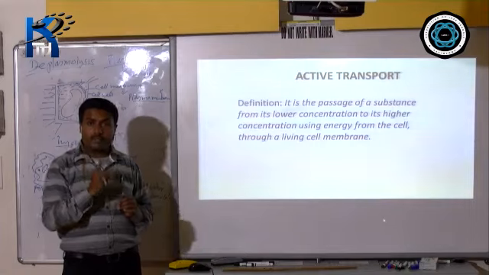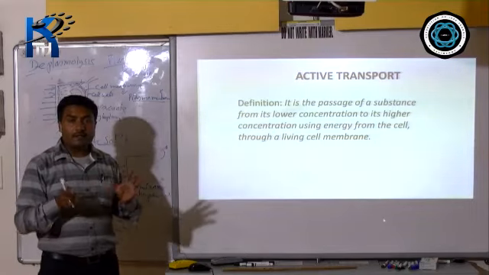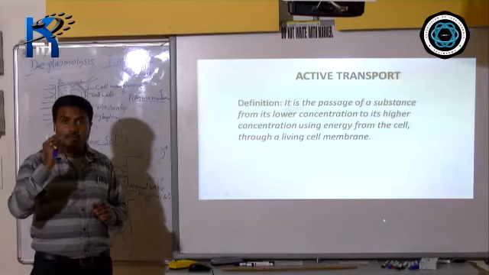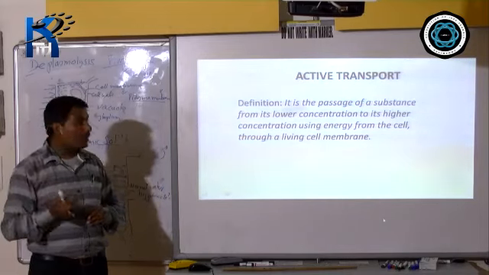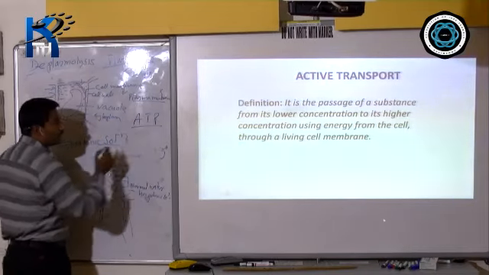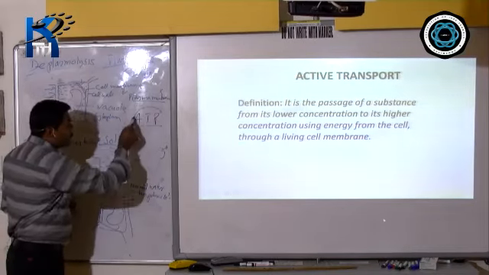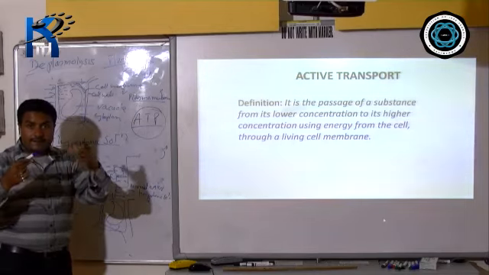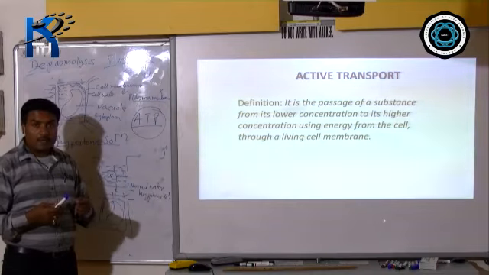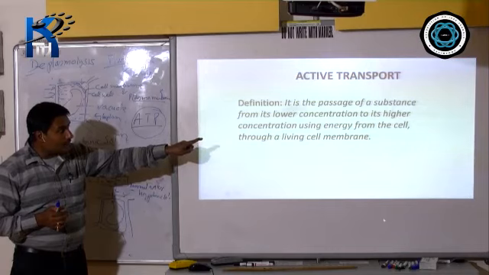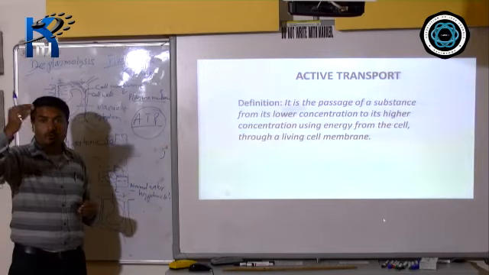Where does this energy come from? The energy currency of a cell is the mitochondria. Mitochondria releases the energy in the form of ATP. This adenosine triphosphate is the energy currency of a cell. When this energy is released, the solvent molecule moves from low to high concentration.